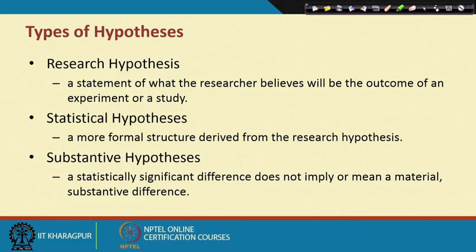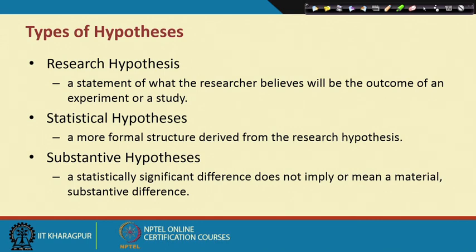So, the first structure we can say is a research hypothesis, and the structure is that it is a statement of what the researcher believes will be the outcome of an experiment or a study. So, it is basically a proposed statement, and a researcher or the analyst has to think and design accordingly.